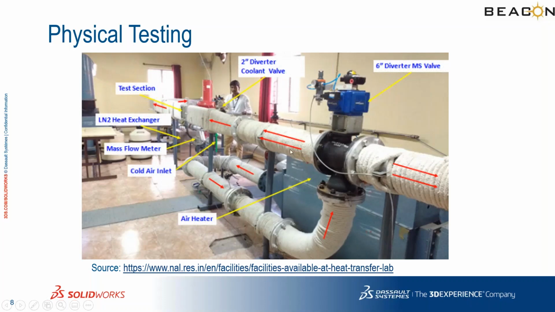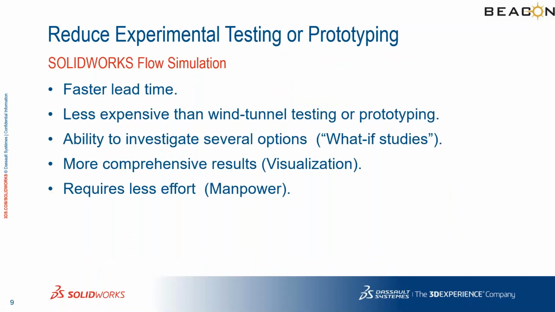You have to assign a space, you have to assign a qualified person, and then carry out the test and match the results and move on. But with SolidWorks simulation, it can give you a faster lead time and a less expensive cost. Of course, it will give you comprehensive results that you can evaluate, and it requires very little effort and manpower.